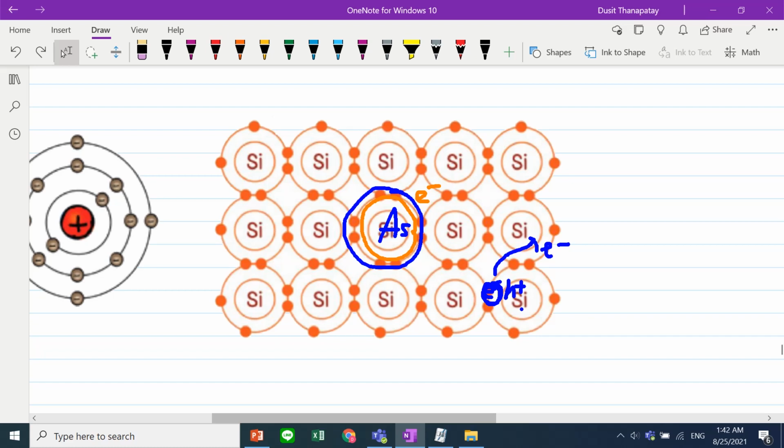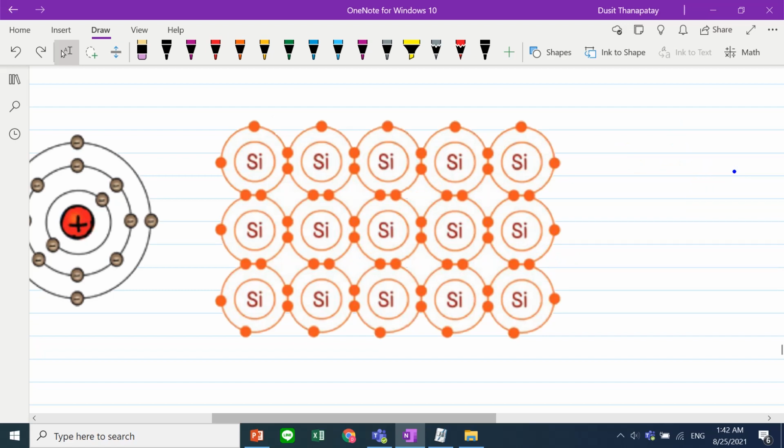If you count now: 1, 2, 2 free electrons but only one hole. That means after you dope with arsenide, or a group 5 element, the number of electrons is greater than the number of holes. This kind of semiconductor is called N-type semiconductor.